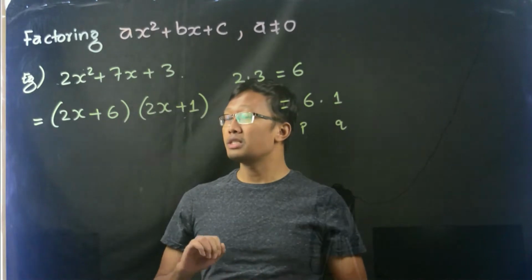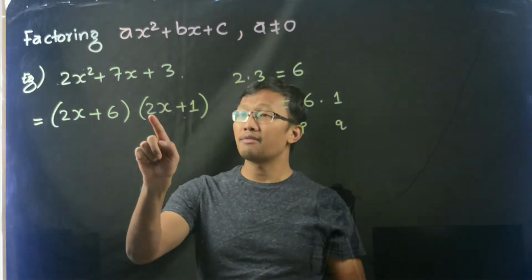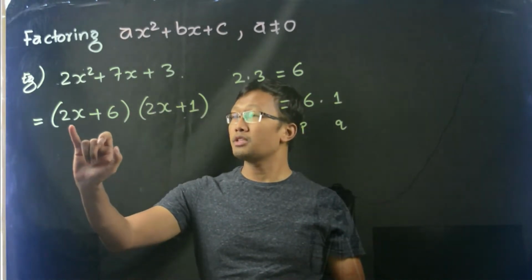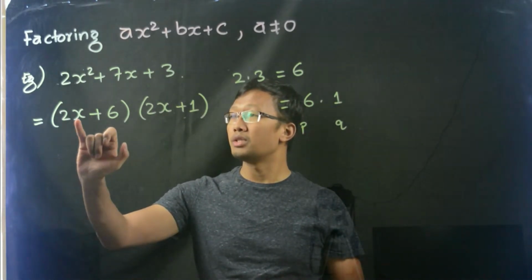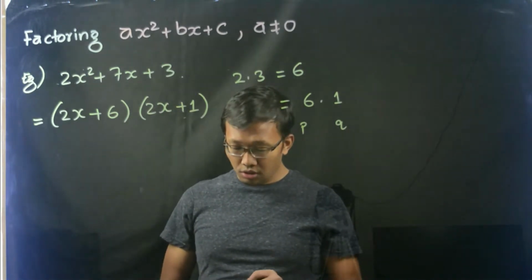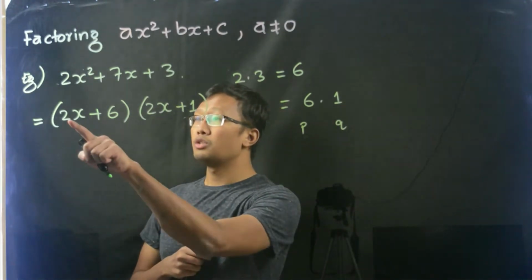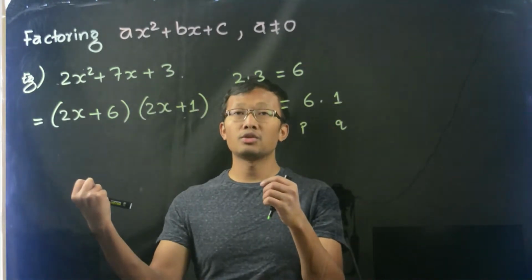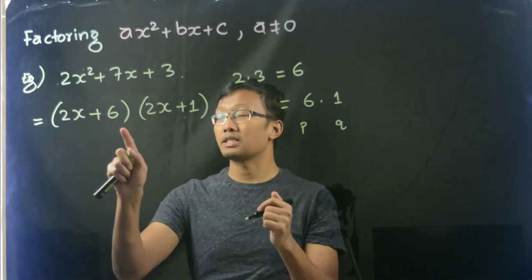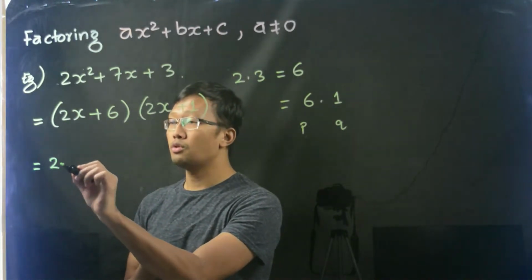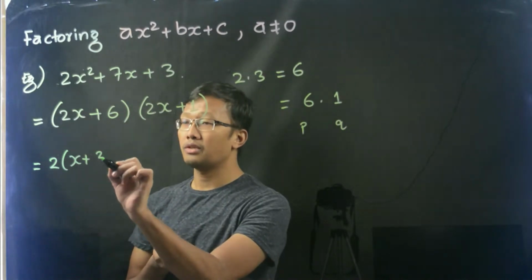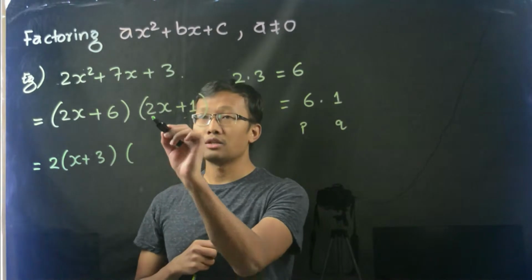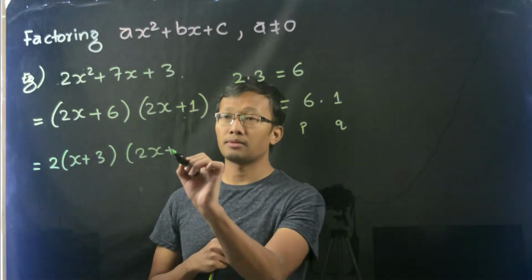In the second factor, we don't have anything common between these two terms, but in the first factor, we do. 2 is common between 2x and 6. So let's pull that 2 from both 2x and 6, which gives us 2x plus 3, since 2 times 3 is 6. And nothing changes here, 2x plus 1.